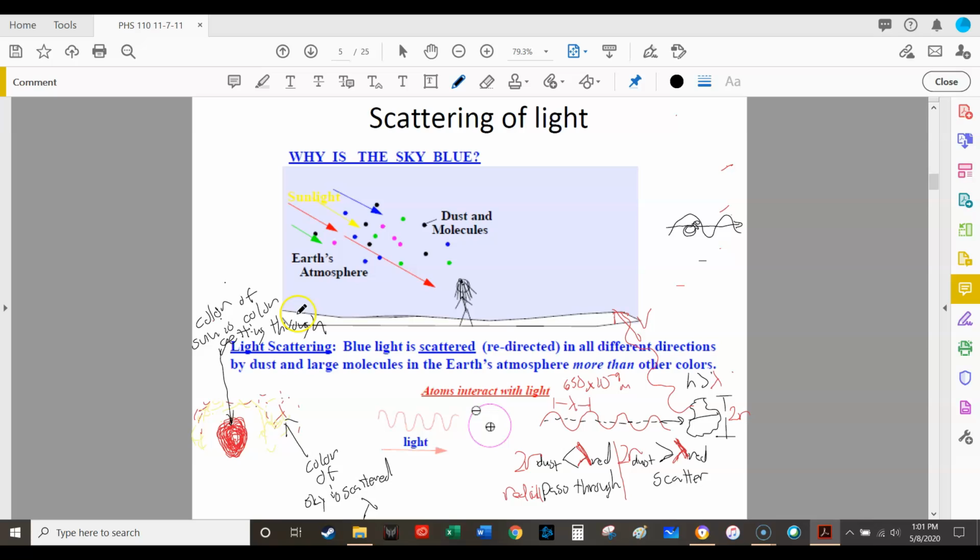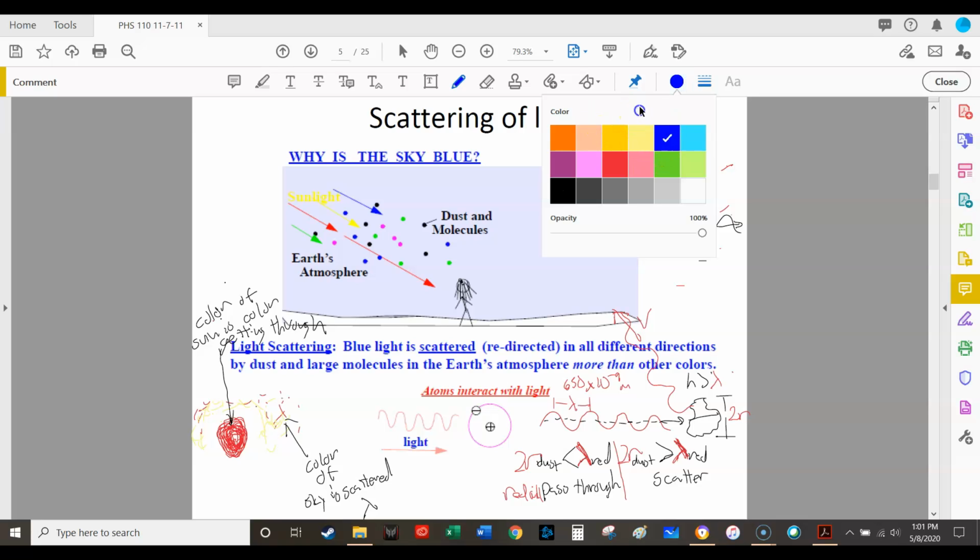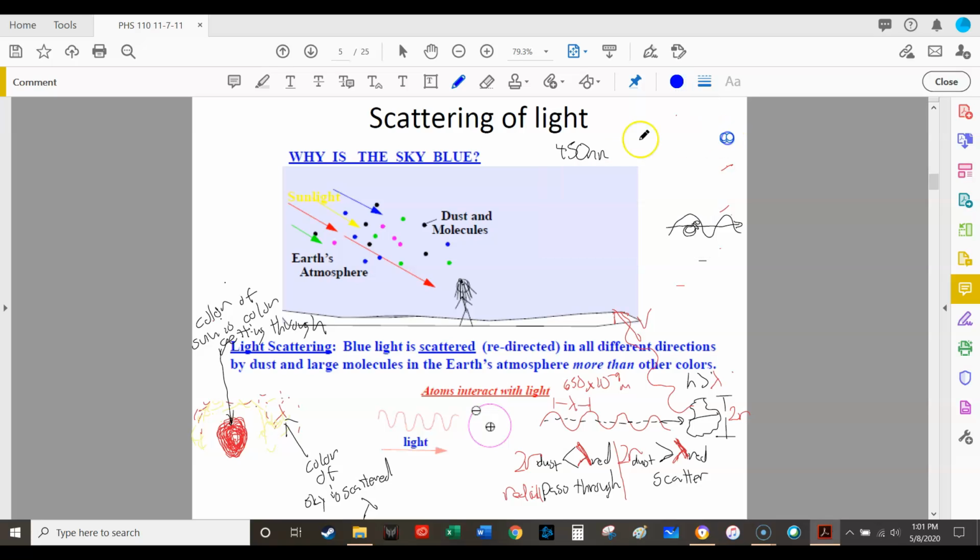So that means this. Blue is 450 nanometers, right? So blue is a really small color, a really small wavelength. So it doesn't take much to scatter blue back out.